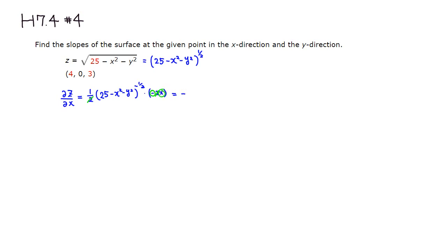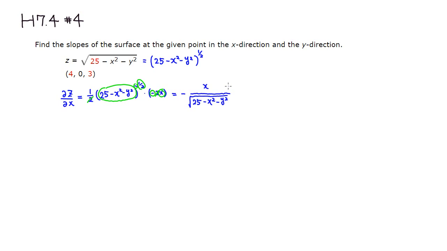Since there's a negative power, 25 minus x squared minus y squared goes on the bottom. But don't forget that there's a 1/2 power, which is a square root. So you have a square root there. All right, so we have that.